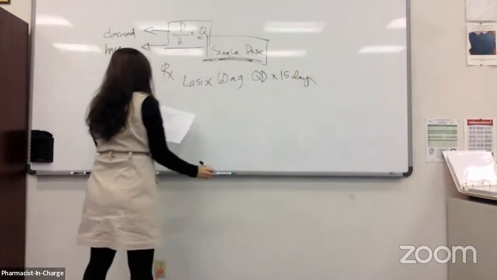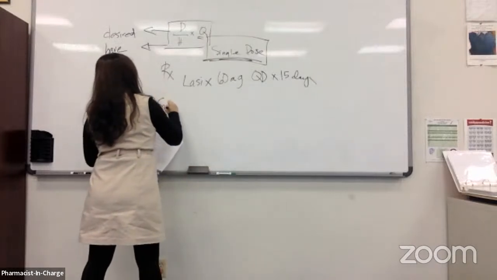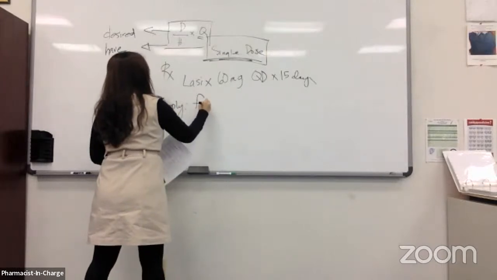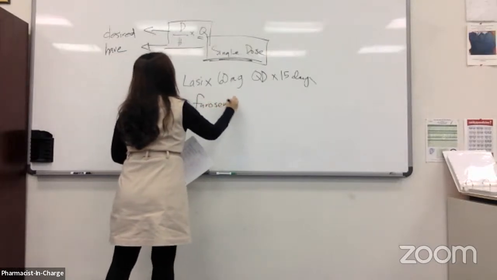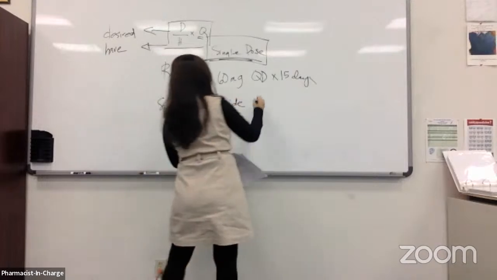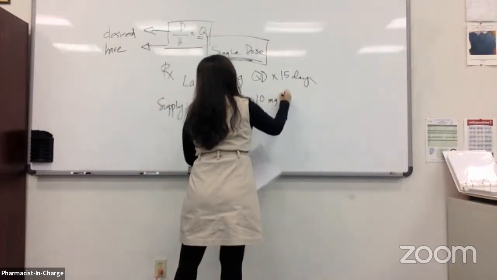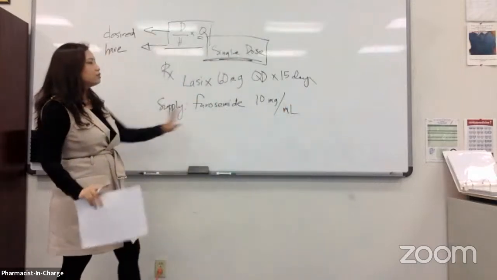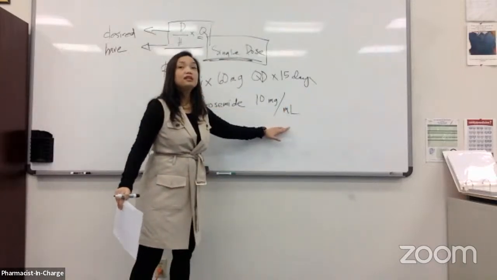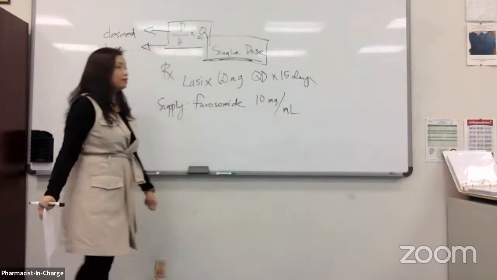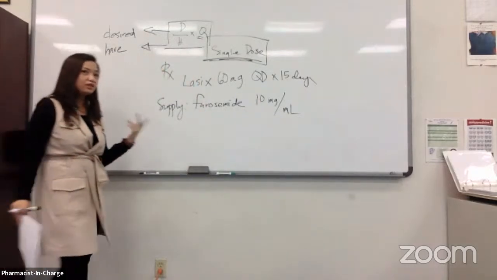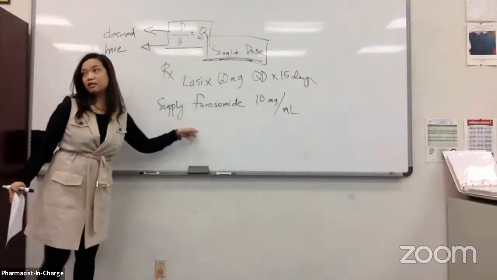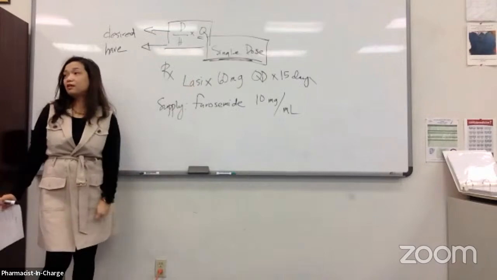Instructions still single dose. Your supply, furosemide. Why furosemide? That's the generic. Correct. Did you notice what your supply is? It's in liquid form, 10 milligrams per ml. It means that for every milliliter, picture an oral syringe, there's 10 milligrams of active furosemide in there, which is a generic release. You follow?